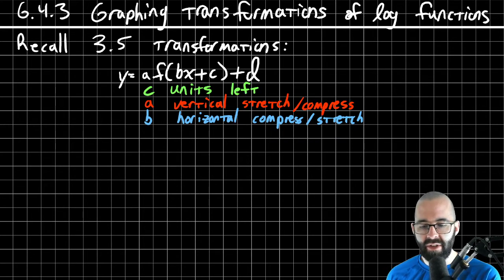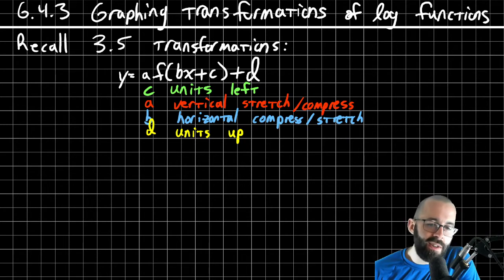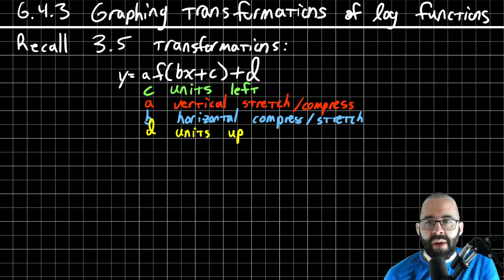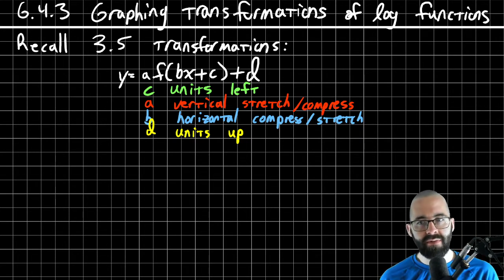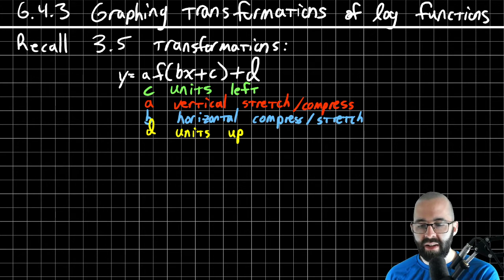All right, so watch out for that. And the last thing was D, units up. We're going to be using computers for graphing a lot of this stuff, but if you remember these transformations, and again, remembering what the negatives do as well, then it's going to make things a lot easier for you. Okay.